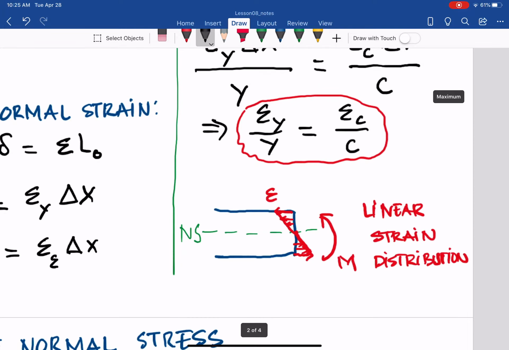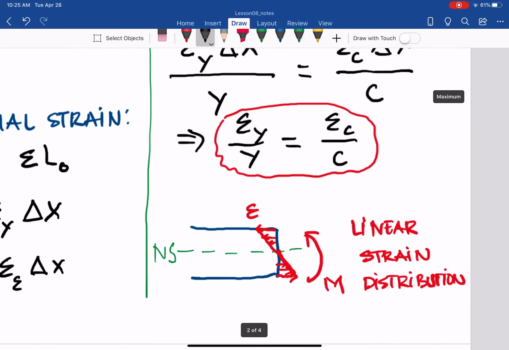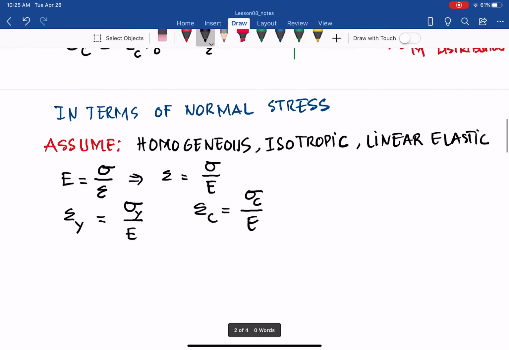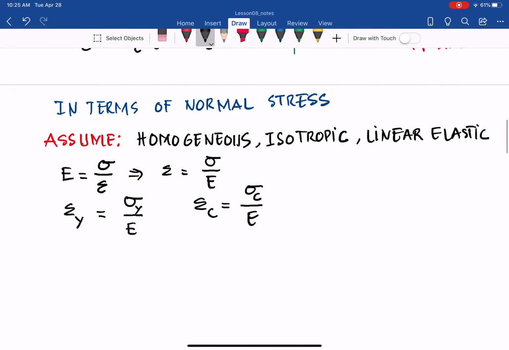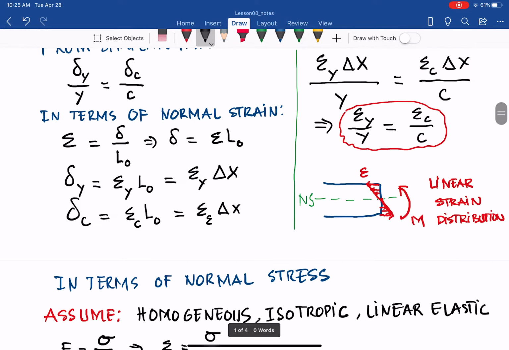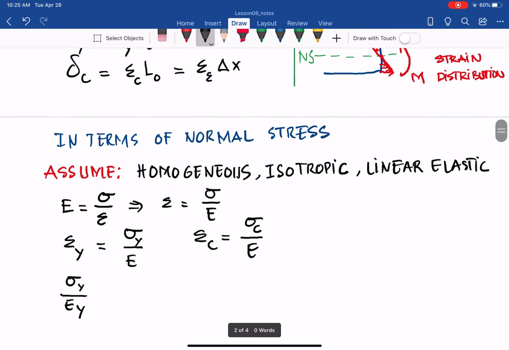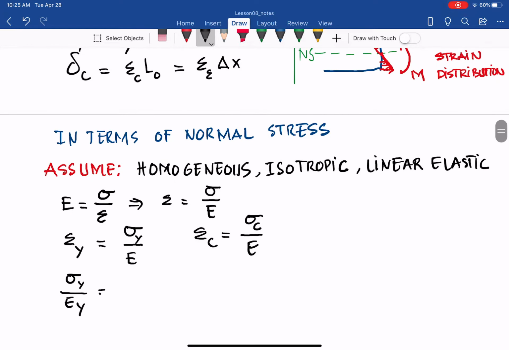Here, epsilon y over y equals epsilon c over c. With that, we can plug in epsilon y, which is sigma y over E, and we have y in that equation. I plug it in right there, equal to sigma c, and we have E, the Young's modulus, times c.